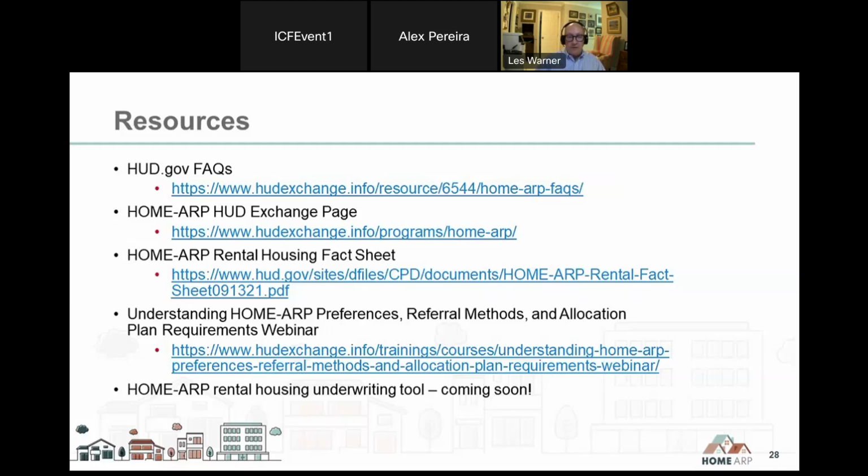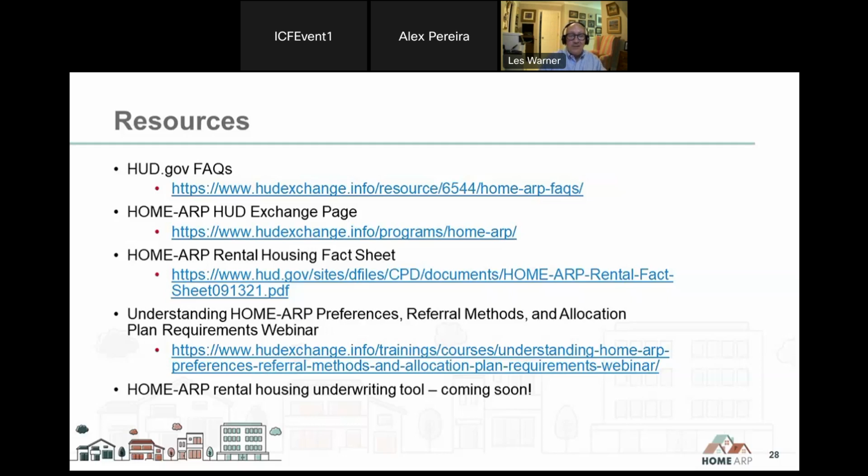So I think that's something to revisit from time to time as new clarifying guidance is being provided. There also is a HOME-ARP specific landing page on the HUD Exchange, and that's our second link here. So kind of everything HOME-ARP, that's our go-to source.